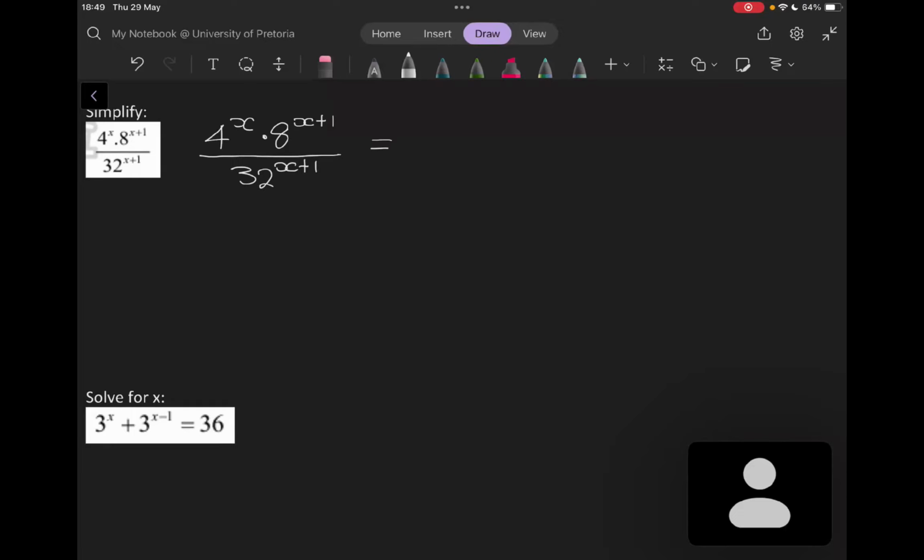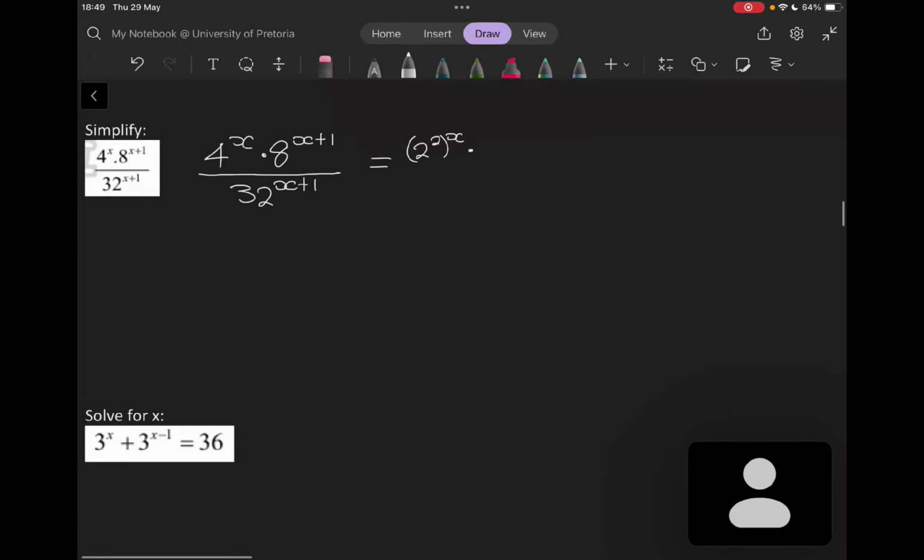We write 2 to the power of 2, and we have that to the power of x. Now let's work with the 8. 8 is equal to 4 times 2, which is alternatively equal to 2 to the power of 3, because you know 4 is 2 squared.